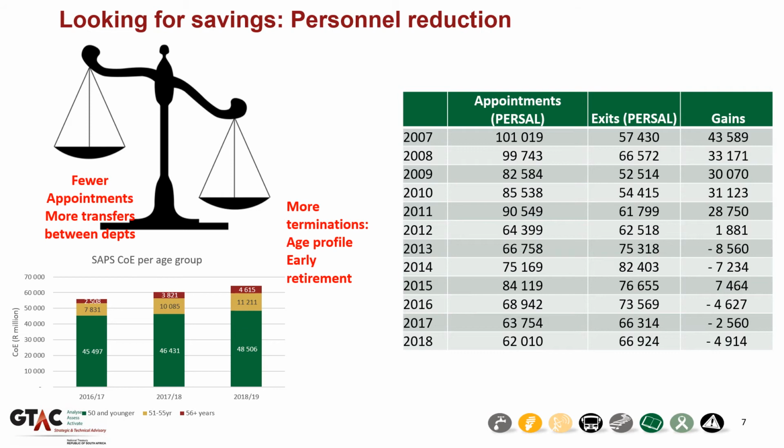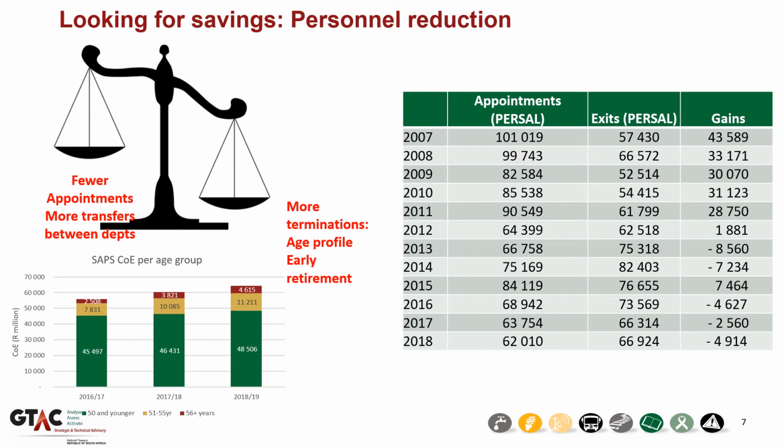Personnel reduction can be achieved by natural attrition, voluntary severance packages, and early retirement incentives. Contract appointments could be reduced. Natural attrition is achieved by not filling all vacancies.